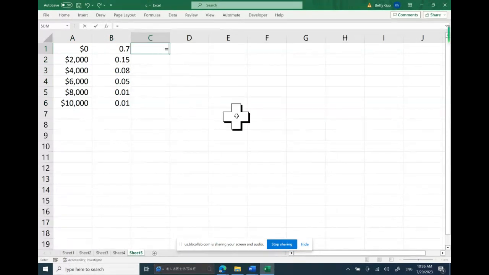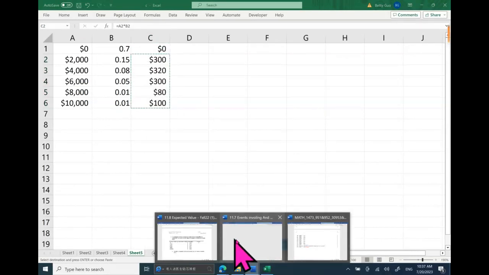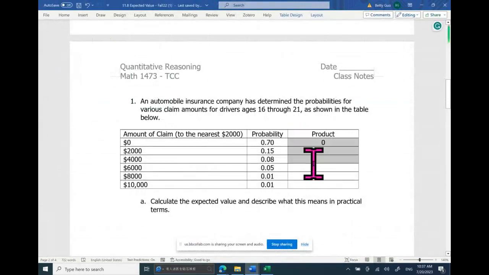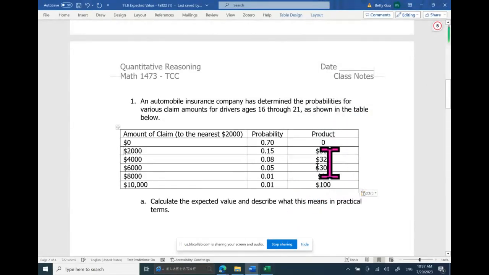So if I do this as multiplication, A1 times B1, and I drag down. Okay, so those are the products. All right, so if you multiply 2000 by 15%, 20 times 15, that is 300.